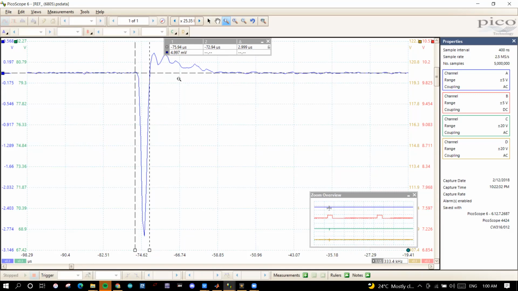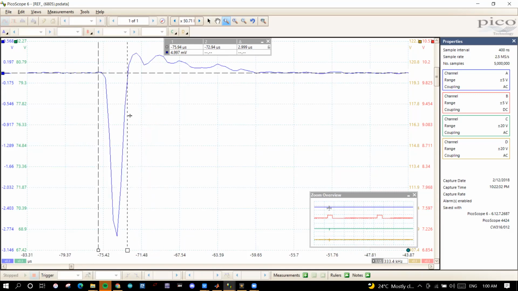Zero crossing time is the time taken for the pulse to cross over the zero line. So here is the duration where the waveform first crosses over the zero line. It takes around 3.069 microsecond.